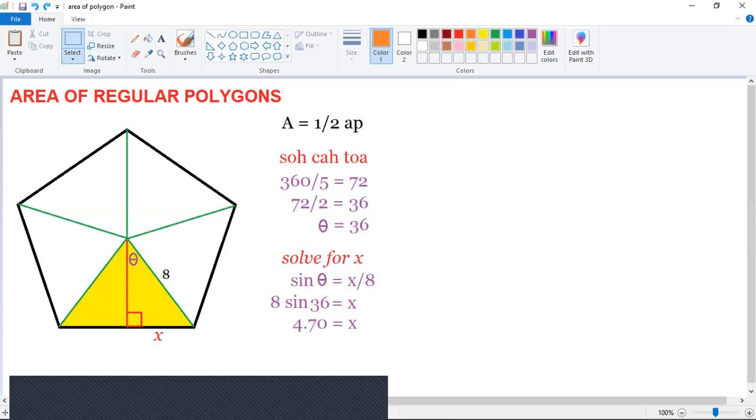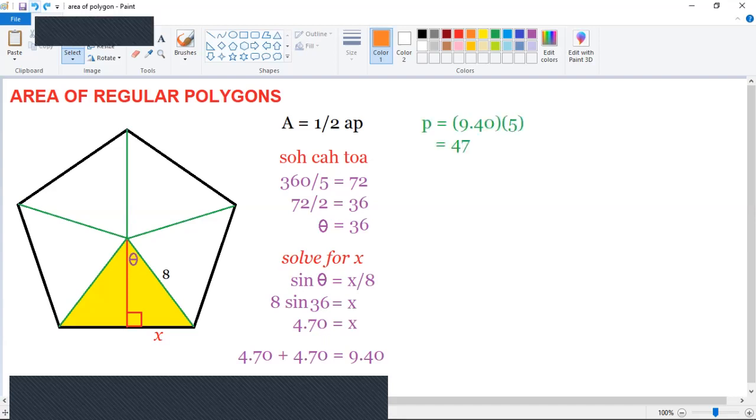Now 4.70 is just this x. We need the other side, which is the same value as x. So 4.7 plus 4.7 is 9.4. To solve for the perimeter now, 9.4 multiplied by the 5 sides is 47. The perimeter is 47. We get the P.